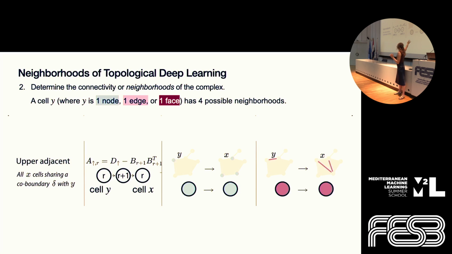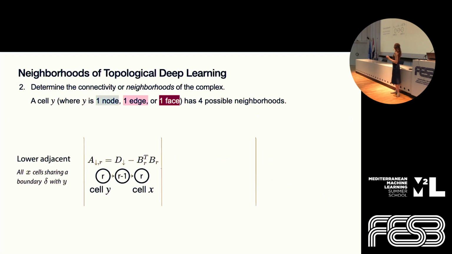Sorry, my colors aren't really showing very well. Let's look at this example. So this edge Y, we say is upper adjacent to those edges X because they all share a face, right? It's like what we did on the graph. We took nodes, we went up a rank through the edges, back down to nodes. We're doing the same thing here, except on arbitrary rank r.